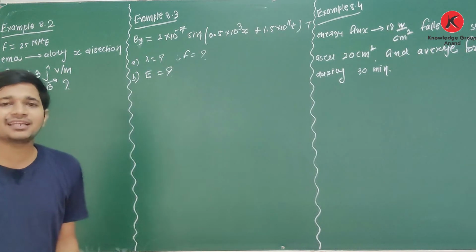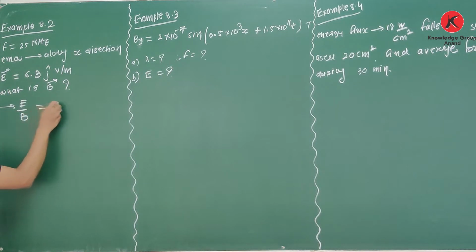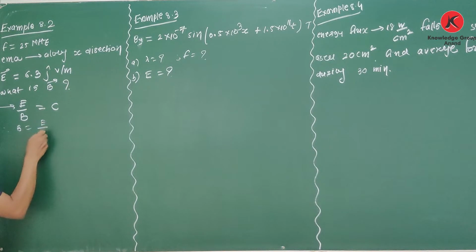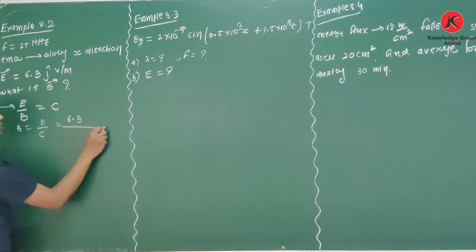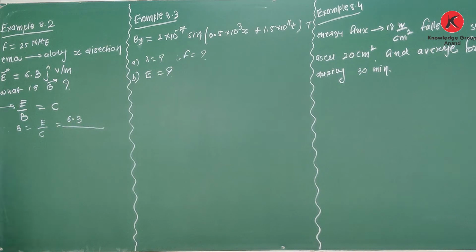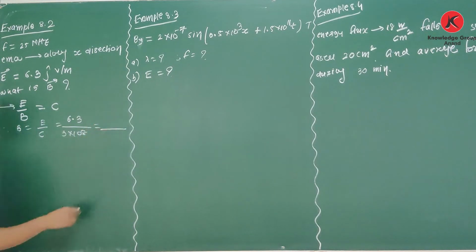Here we know one relation, that is E upon B is equal to C. So therefore B is equal to E upon C. What is the value of E? It is 6.3. And what is the value of C? The value of C is 3 into 10 raised to 8. So you can easily find its answer.